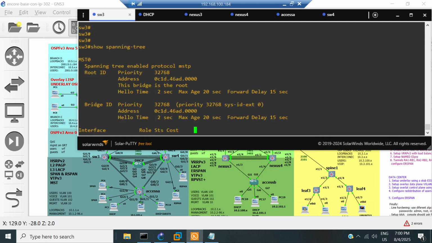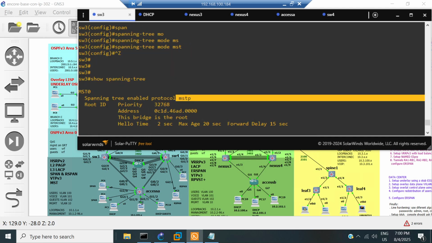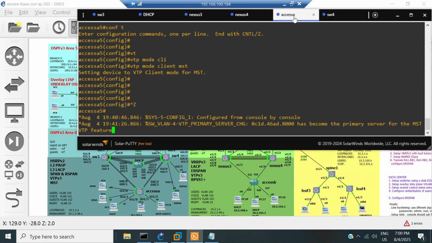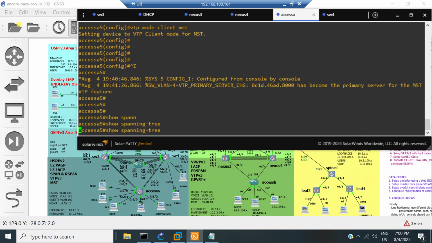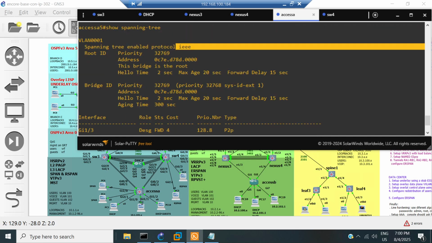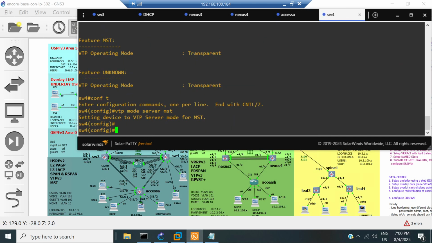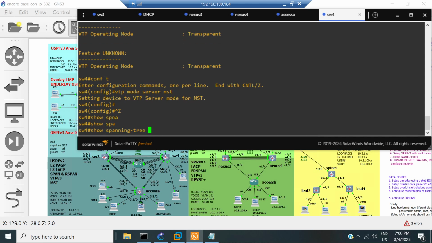If I issue show spanning tree again, I can see that I am using MSTP now. Let's do that here. Show spanning tree. This switch is still using traditional spanning tree, and let's issue show spanning tree here.